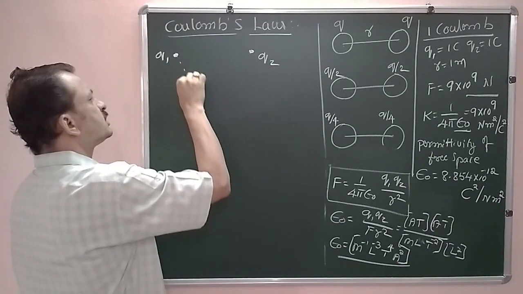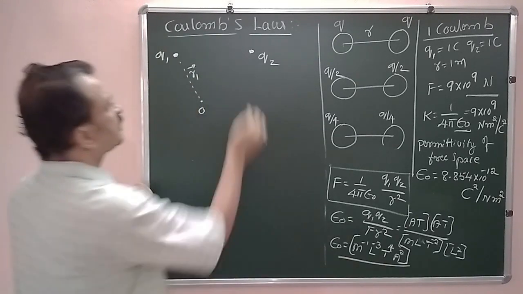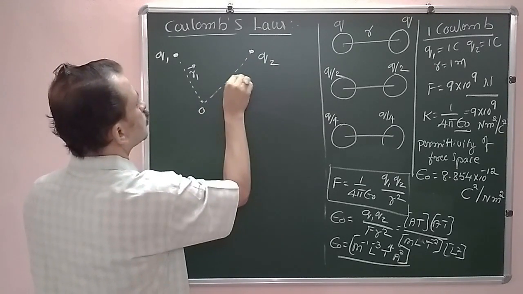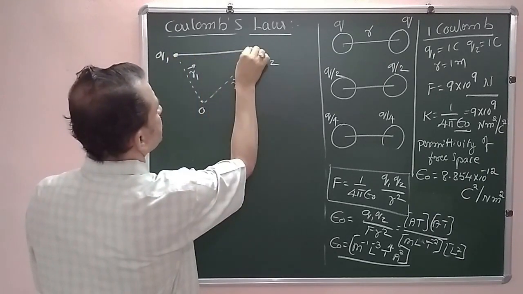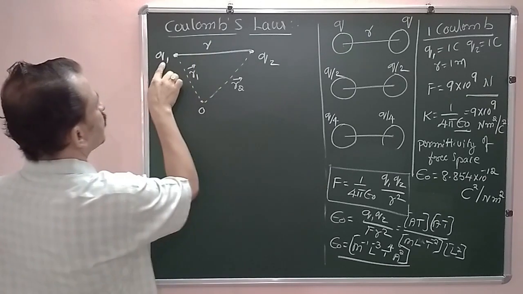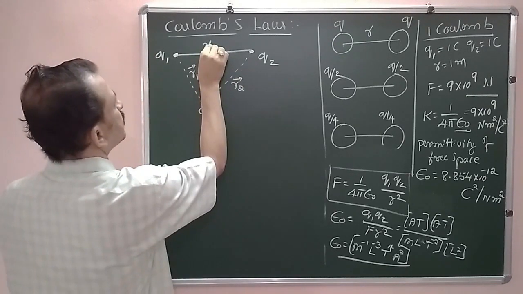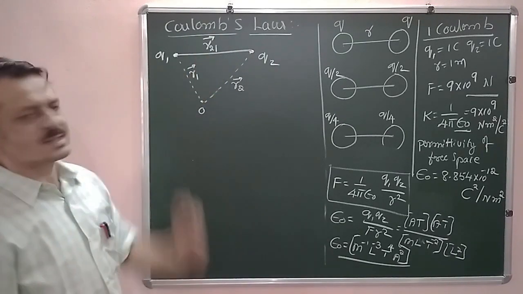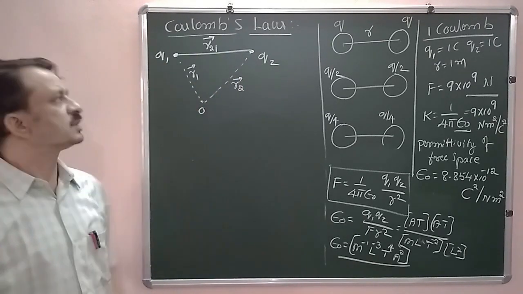With respect to that origin, we have position vector of Q1 as R1 and position vector of Q2 as R2. Then the distance of separation between the two charges by vector notation from Q1 charge to the Q2 charge, let me write it as R21. R21 is the position vector from Q1 charge to the Q2 charge.